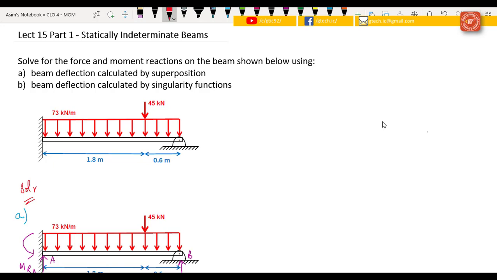Then we can use the singularity functions technique. So that's why we use the same problem to solve it for the singularity functions. So let's start by solving this problem using the superposition technique first.